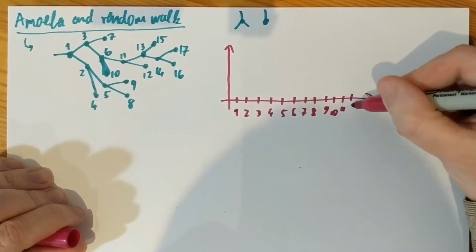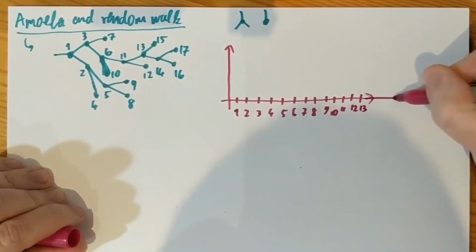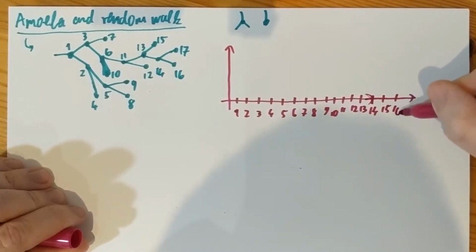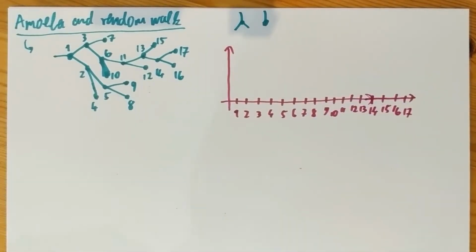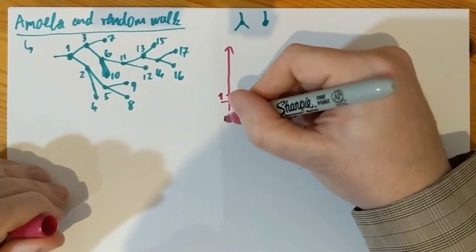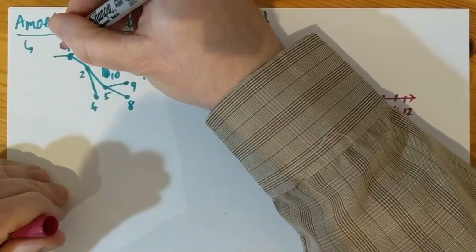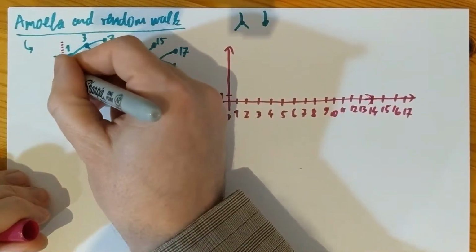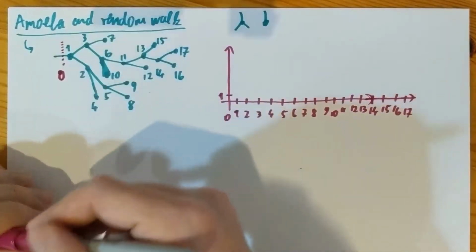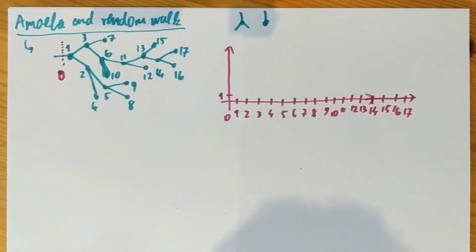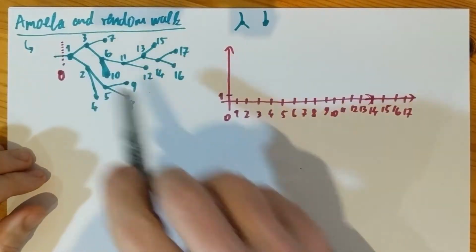To be precise, here is what I'm going to start with. This is level 1, and at time 0, before I ask the first amoeba, I had one individual. This is what I'm going to call time 0 for the random walk. Notice that this time is going to be different than the time of the Galton-Watson process.